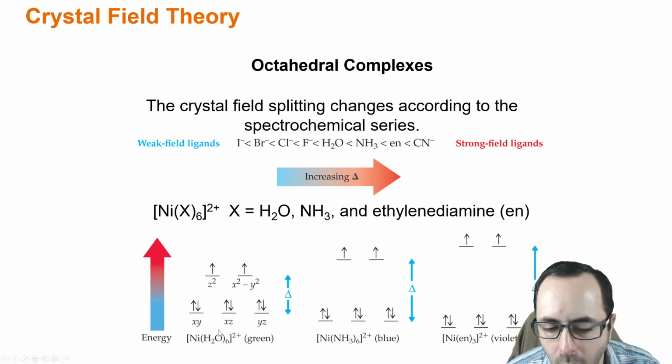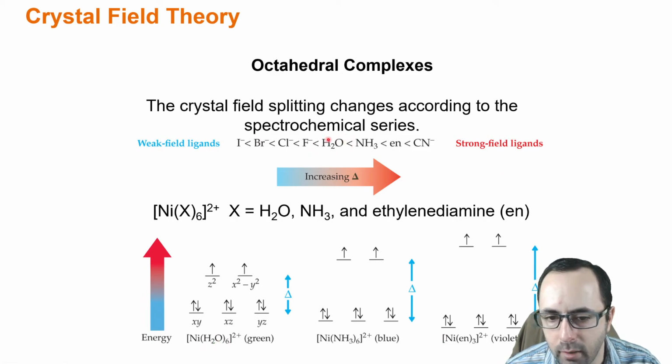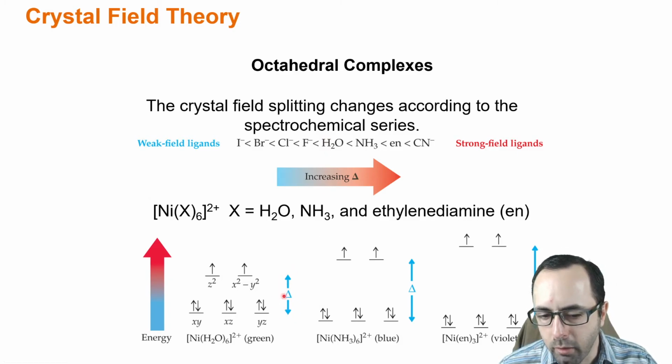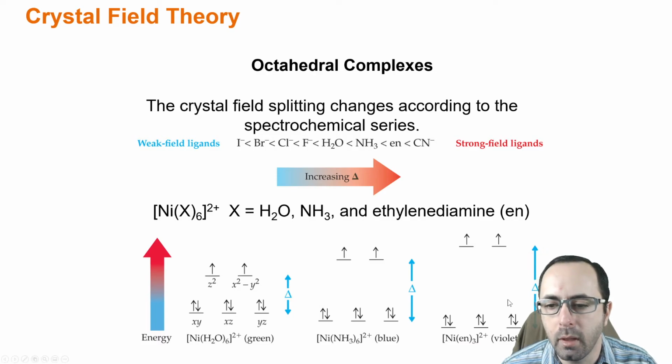And so with the aqua ligand, aqua is around in the middle here, and so this results in a smaller splitting, a smaller energy difference between these d orbitals, versus the amine ligand, which has a larger crystal field splitting, we can see here, which is less here than ethylene diamine, which has an even larger crystal field splitting. And we can use this spectrochemical series to evaluate the relative crystal field splitting of these various complexes.